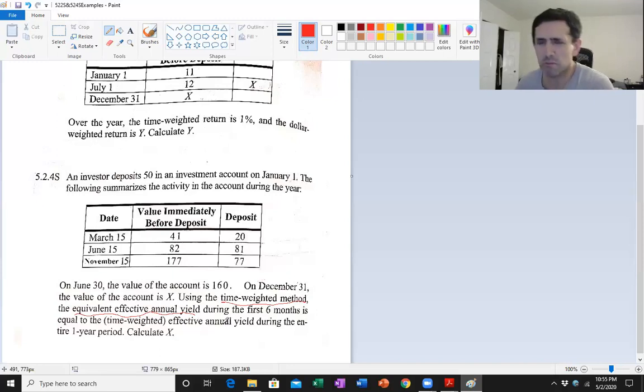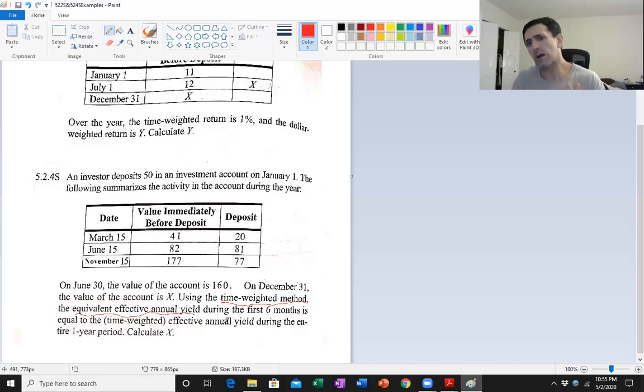They're saying that when you compute the first 6-month yield using the time-weighted method, you find the 6-month effective time-weighted rate of return, you have to convert that into a 1-year rate of return. You do that like we've always been doing. You square it. That gives you your 1-year growth factor minus 1.